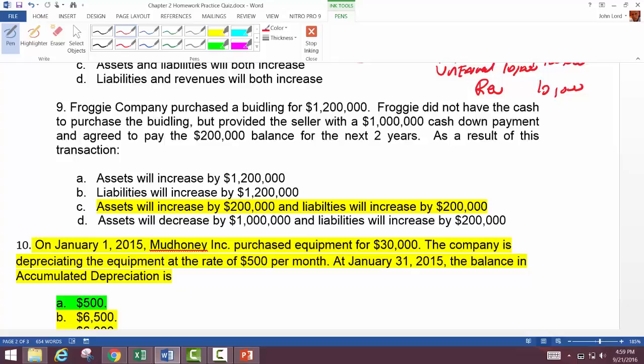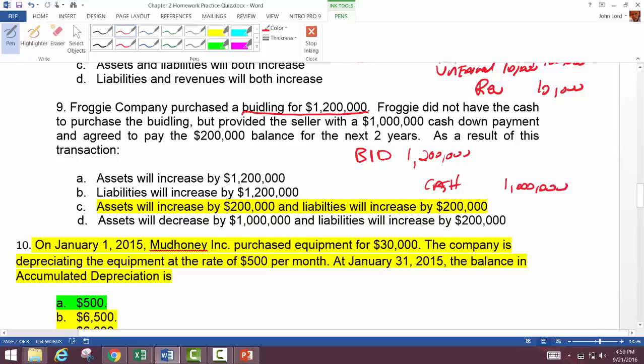Well, am I going to get a building for $1.2 million? Yes. So that means that I have to debit building for how much? $1,200,000. Good. I have to credit my cash. I'm giving up the cash as a down payment, right? So I have to credit cash for $1 million.